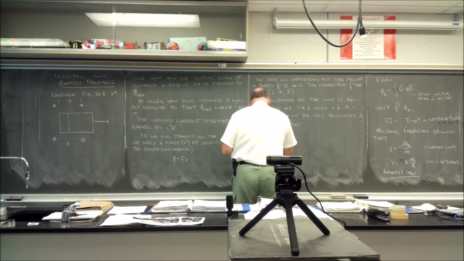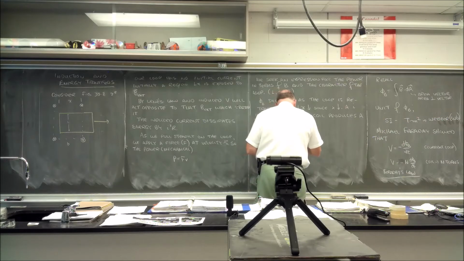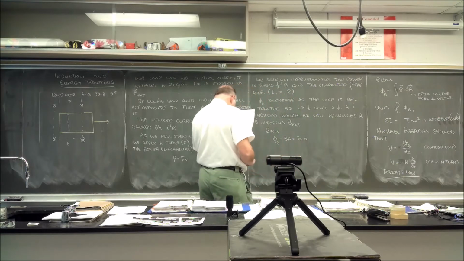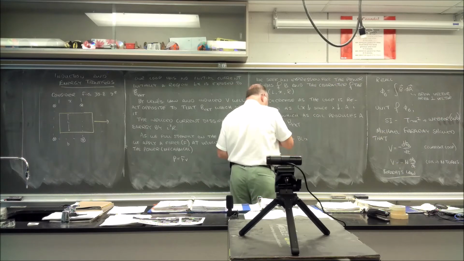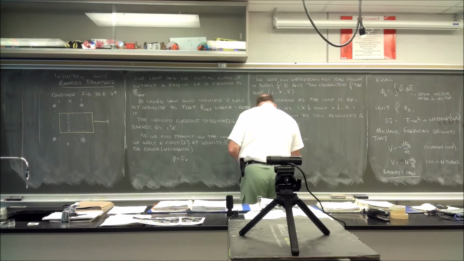All right, so since V sub B is equal to BA, is equal to, in this example, BLX. And we're going to ignore the negative sign for a minute here just to do some calculations. So we get V is equal to dV sub B dt.